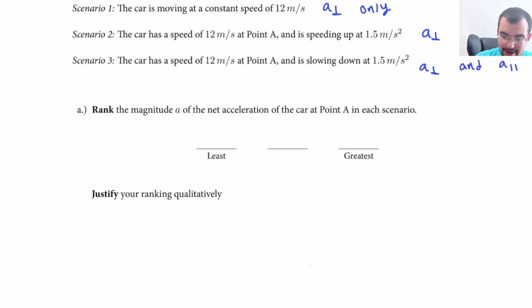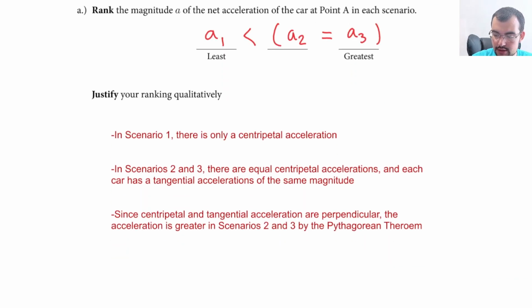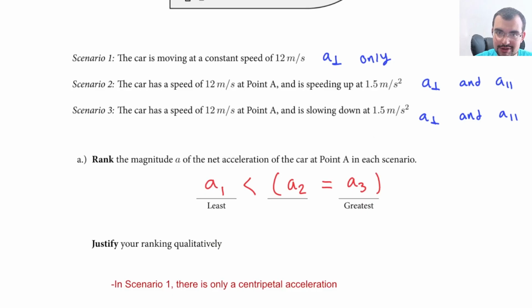So scenario 1 is the least, and then 2 and 3 tie. We do have the same centripetal acceleration magnitude in all three scenarios, but in scenarios 2 and 3, there's also tangential accelerations of the same magnitude to deal with, so we make the same right triangle. And of course, a right triangle is always going to have a hypotenuse longer than just one of the sides.